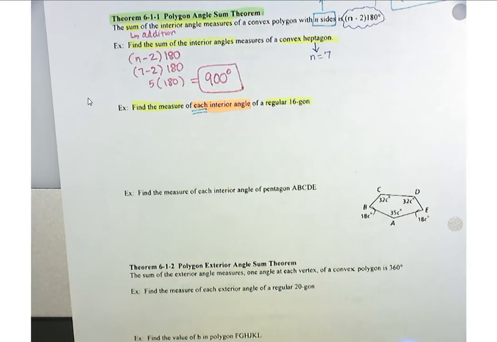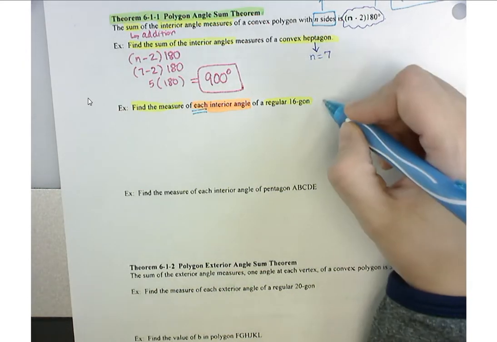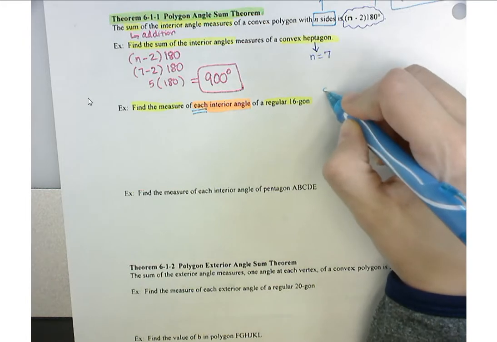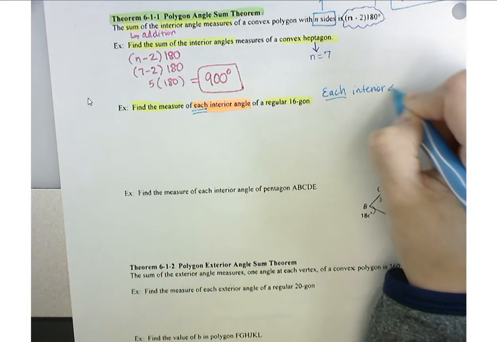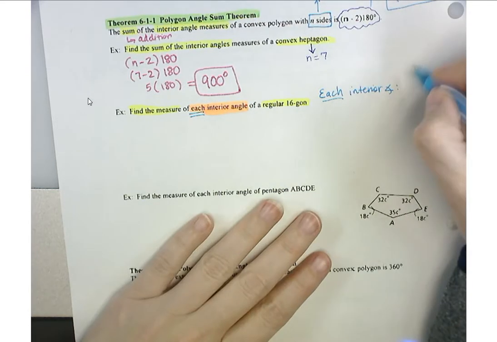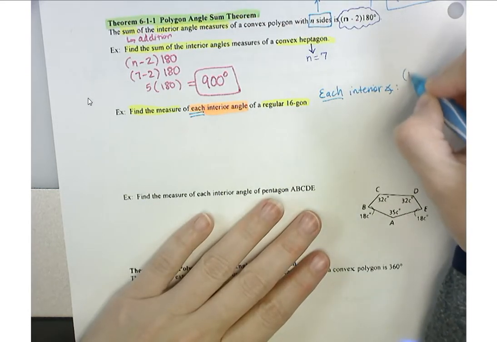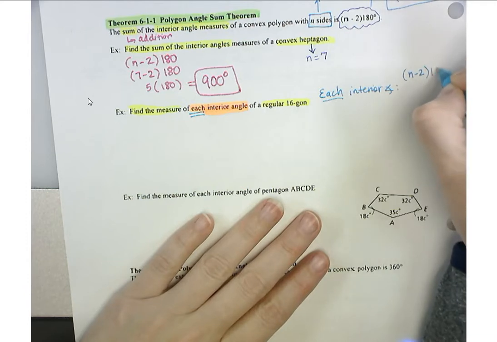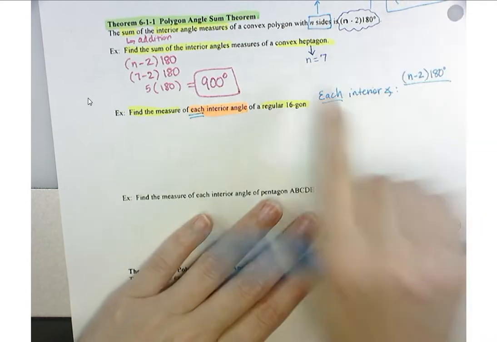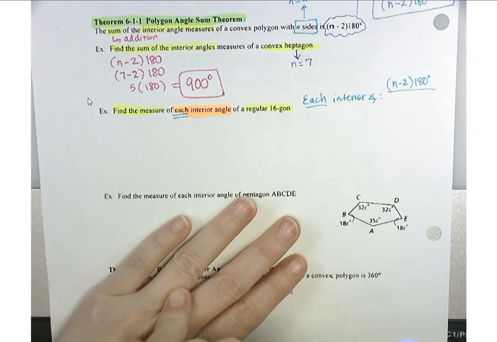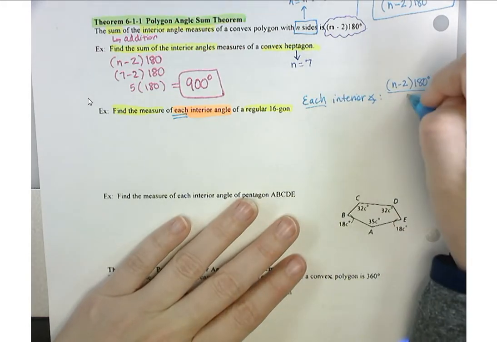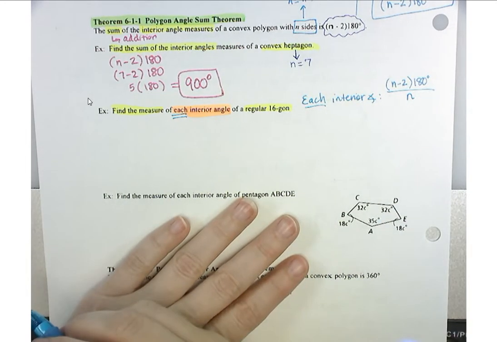Okay, so we're actually going to write an equation here. So if it says to find each interior angle, you are going to do n minus 2 times 180, but then, like Nia said, here we divided by 7. What is the variable 7 representing? The number of sides, n, and so we're just going to divide by n.